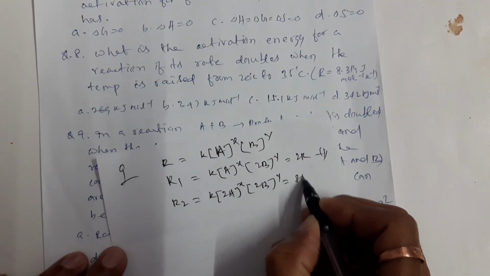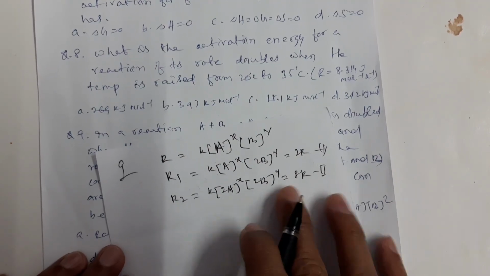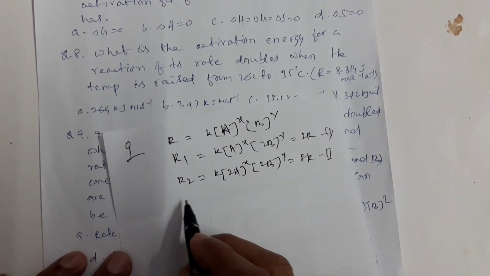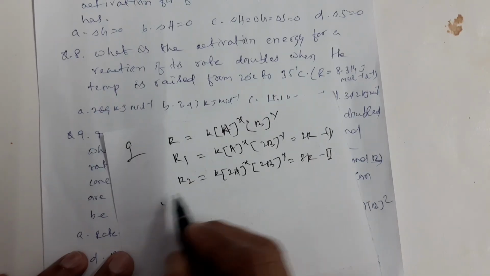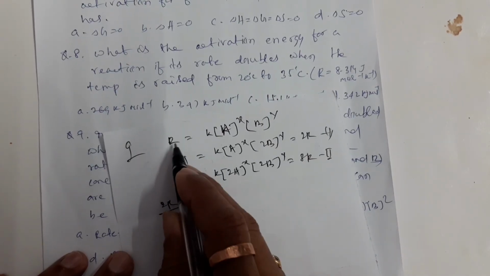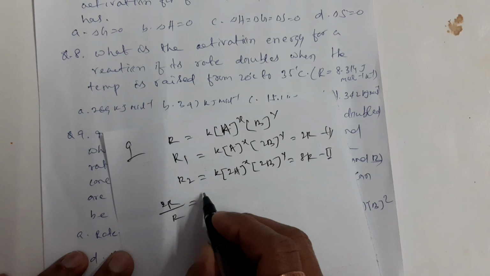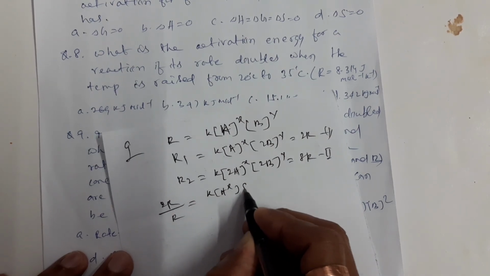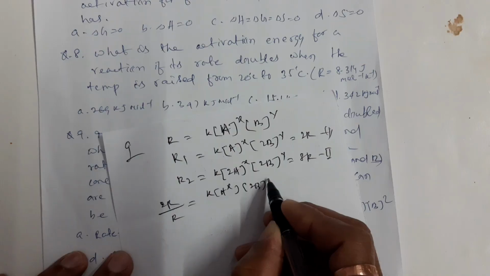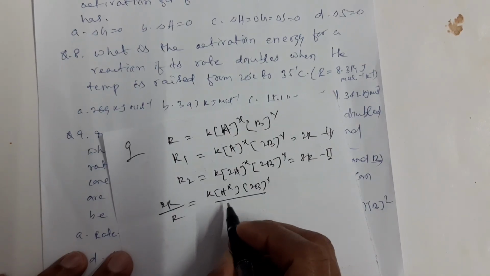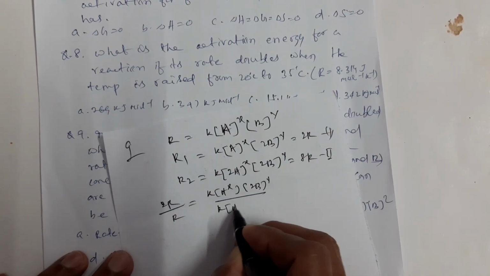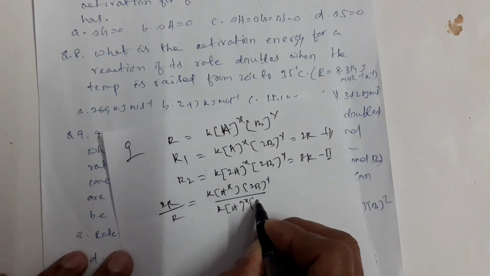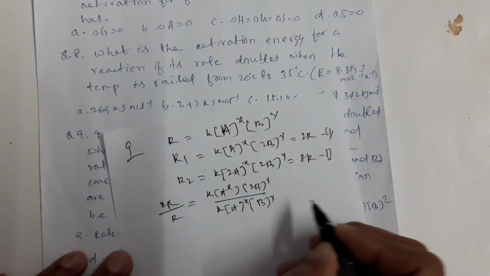This is your 8R, equation 2. Now what we will do: 2R by R is equal to K A to the power x 2B to the power y by K A to the power x B to the power y.